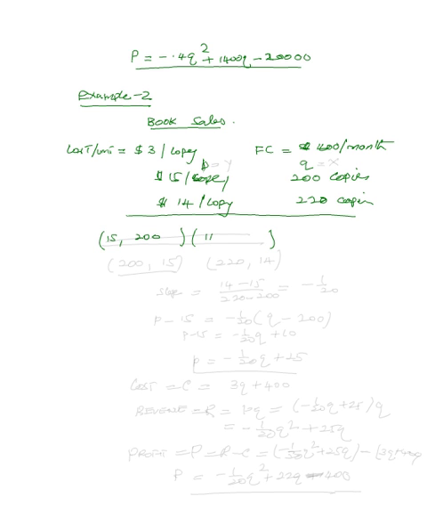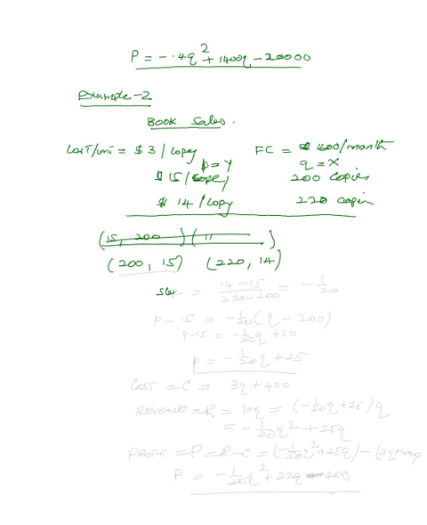I'm sorry, our x coordinate is Q, the y coordinate is price, remember. So if it is 200 units, the price is $15. If they were able to sell 220 units, the price is $14.